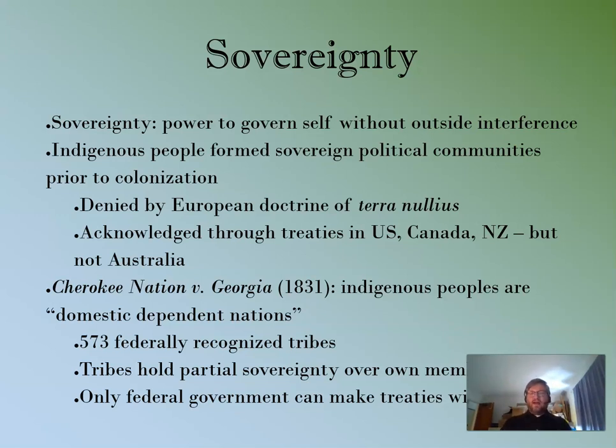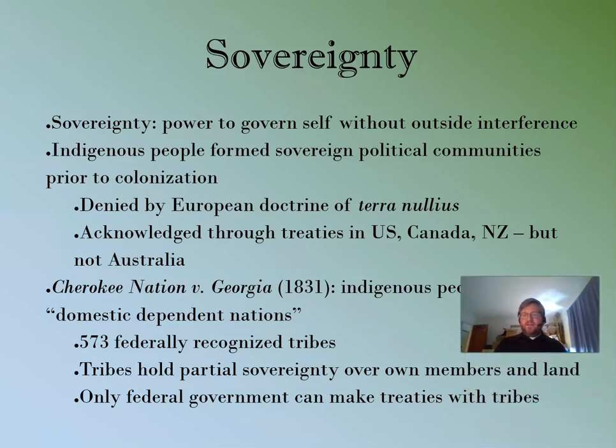The idea here is that nations that are recognized by the federal government have certain limited sorts of sovereignty that the federal government will recognize, but they don't have the sort of complete independent sovereignty that the United States might recognize from Mexico or some other foreign nation.